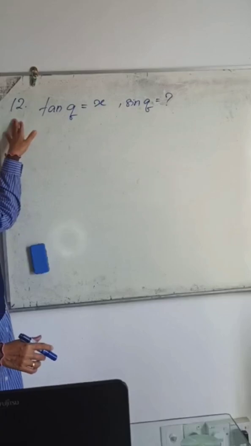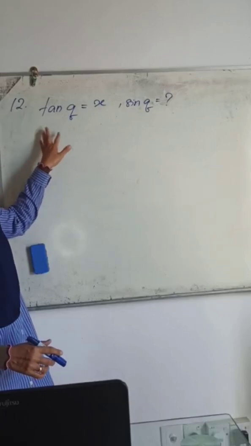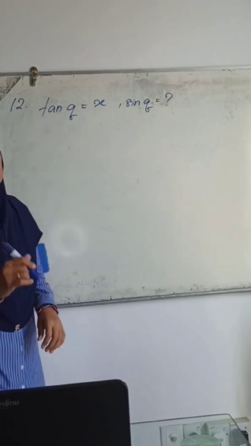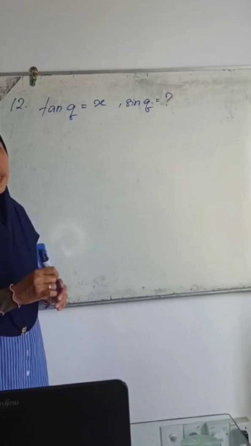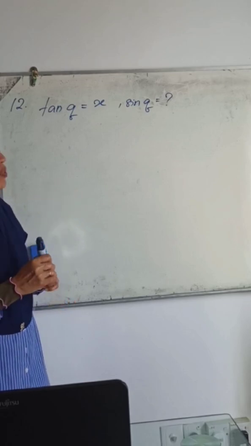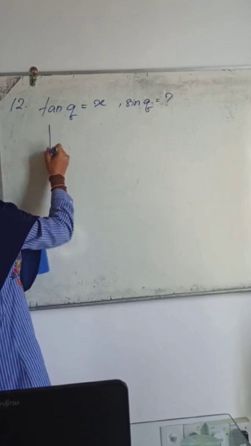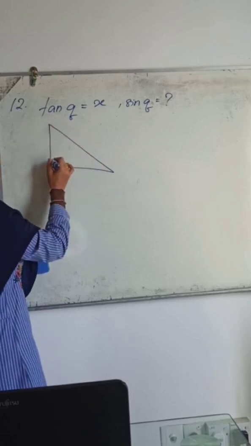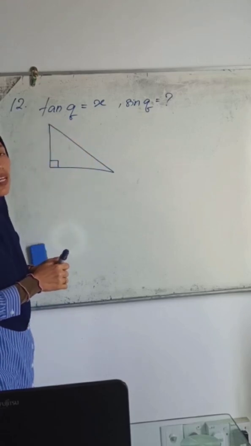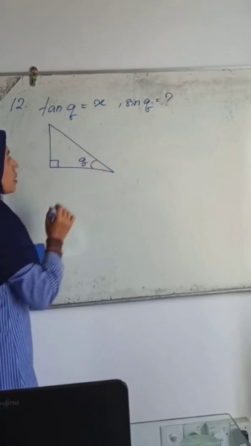Question number 12. Many of you asked me about this question. For this question, you must draw the right angle triangle. In the questions before, the right angle triangle was drawn for you, but here you have to draw it yourself. So tangent Q. Q is the angle, so you can label Q here.